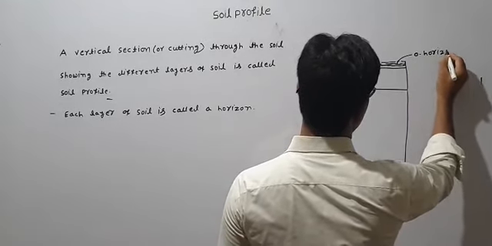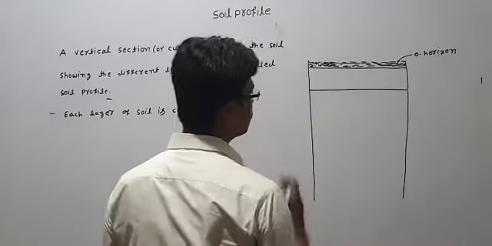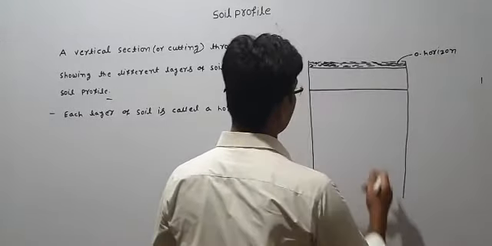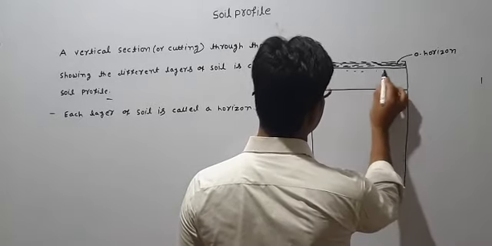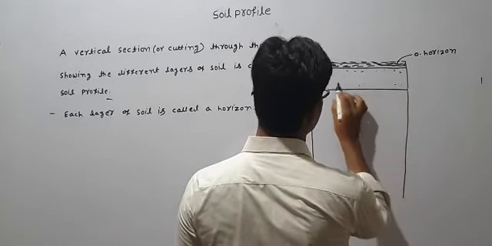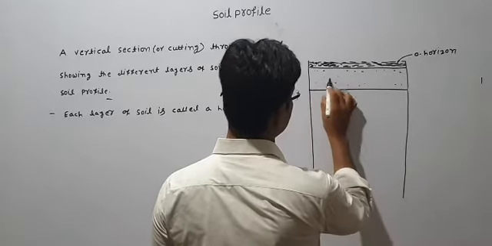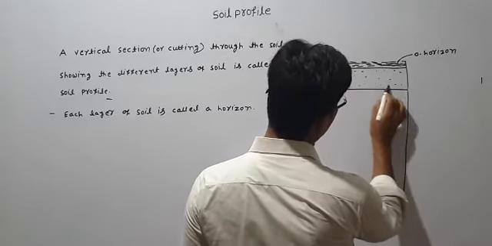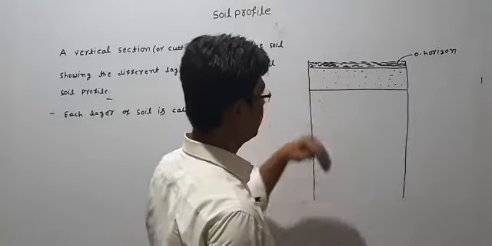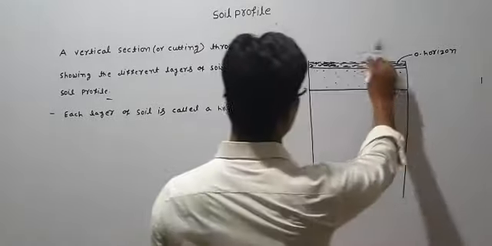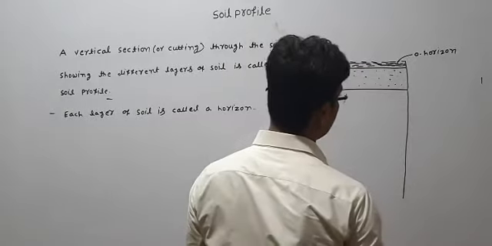Okay students, this one is the O horizon. Then the second one, you see small pieces. This is the upper layer, and starting from here you will not get the O horizon. It has a dark color, which I have written here.